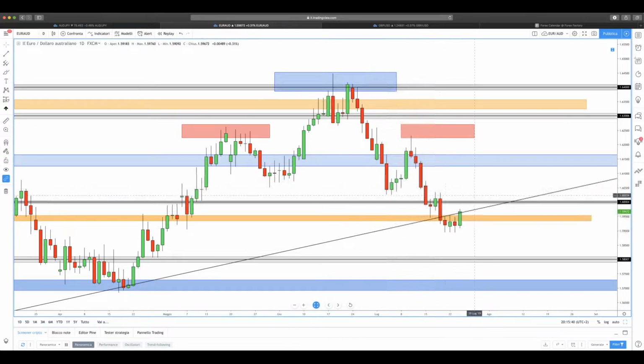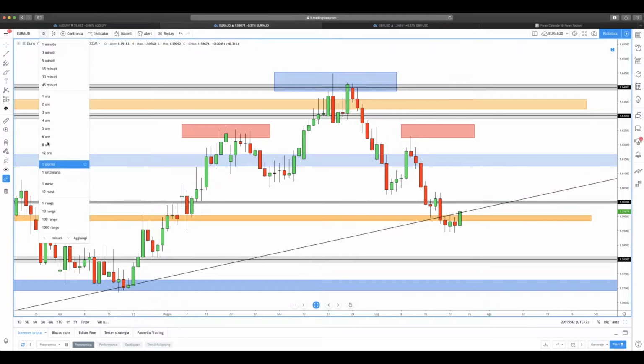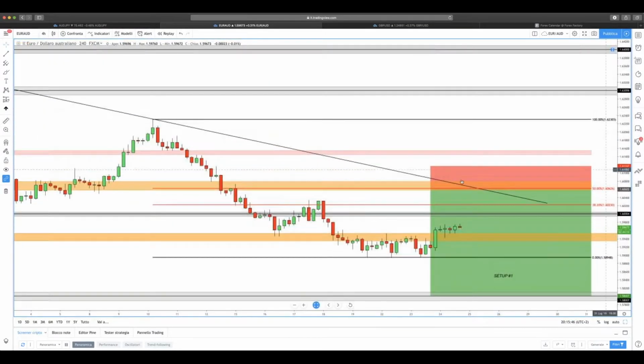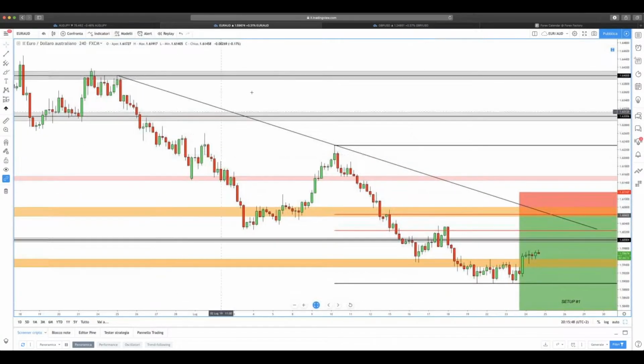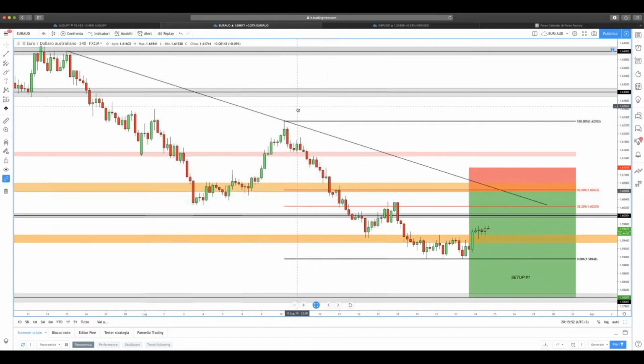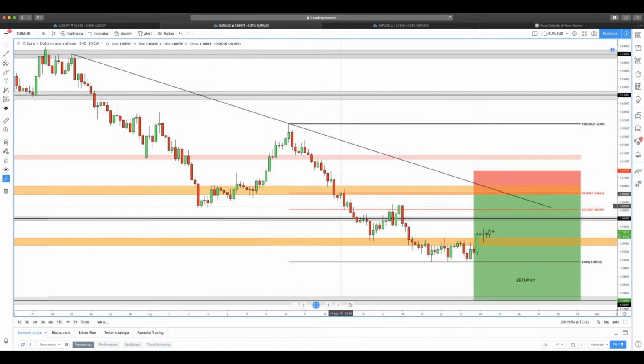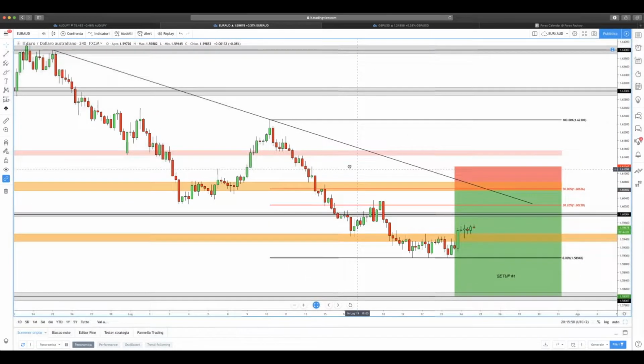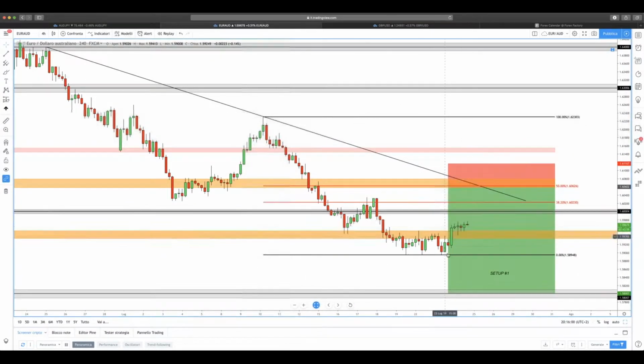But if we go on the 4-hour time frame, we can see here that we have a clear bearish trend line with 2 clear touches, and using Fibonacci from the last bearish phase, we can see that the price formed this bullish candle and broke this slowdown area.